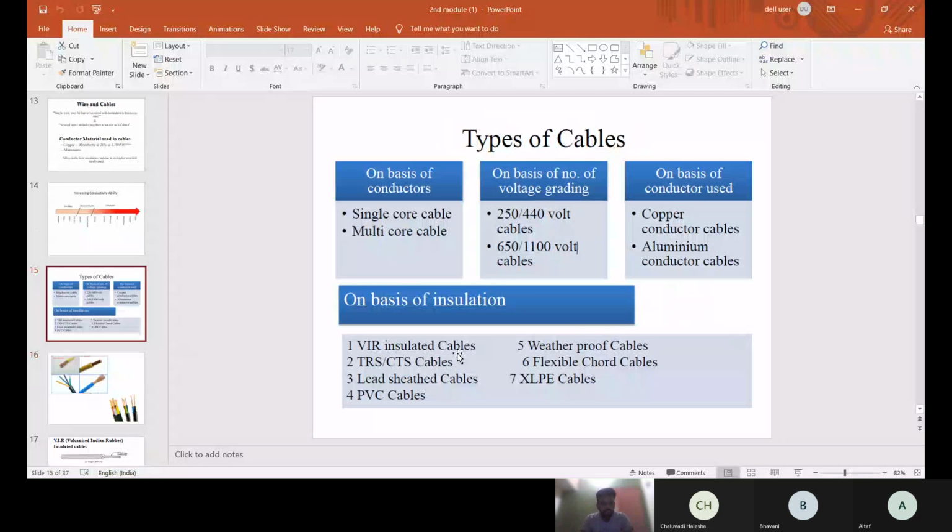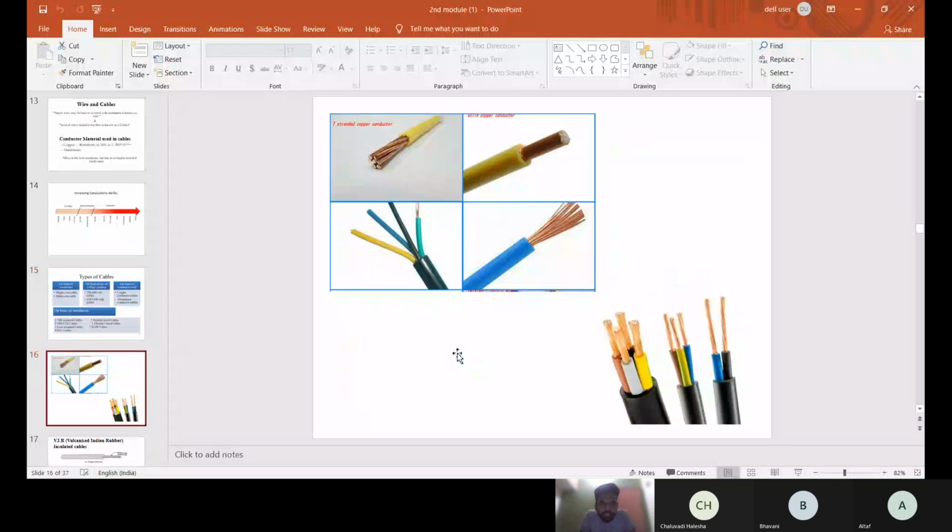So here you can see a 7-stranded copper conductor. As I already told, single core or multi-stranded cores. This is a multi-stranded core. Single wires are wound one above the other, and later these bare conductors are covered with insulation.